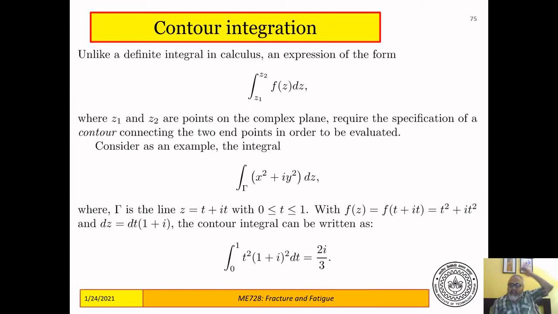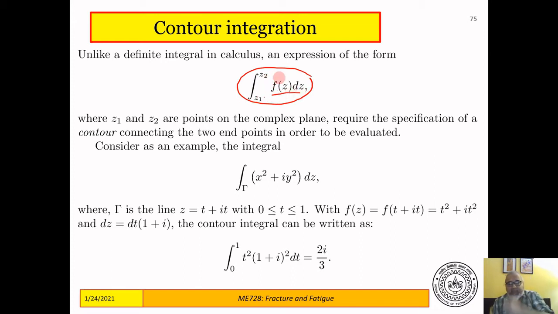So the next concept that we are going to talk about is contour integration, and you probably are aware of it. But contour integration is integration of a complex variable along a given curve. So this is what a contour integral will look like. I want to integrate f(z) dz from z1 to z2.